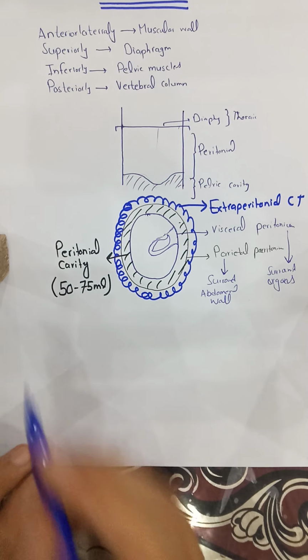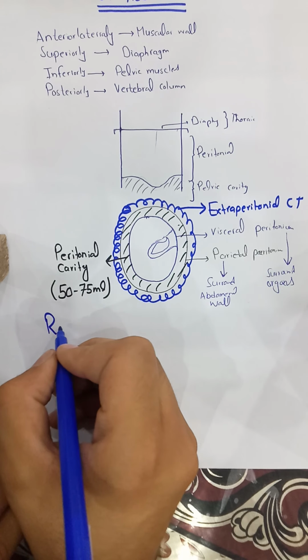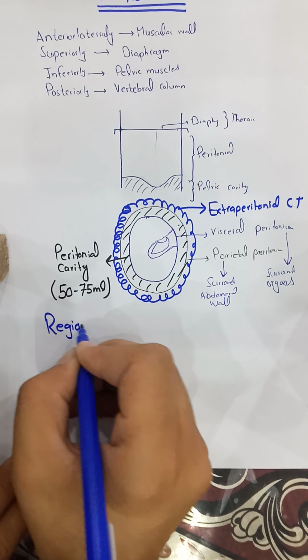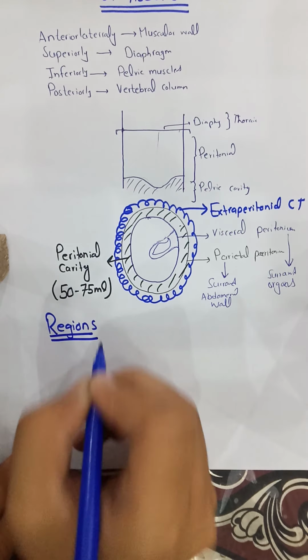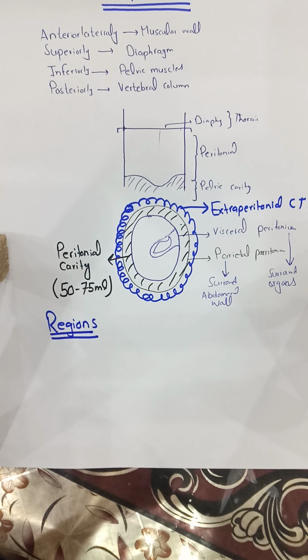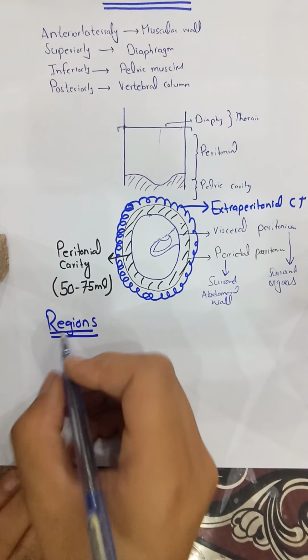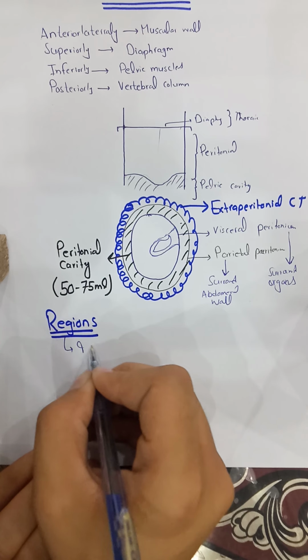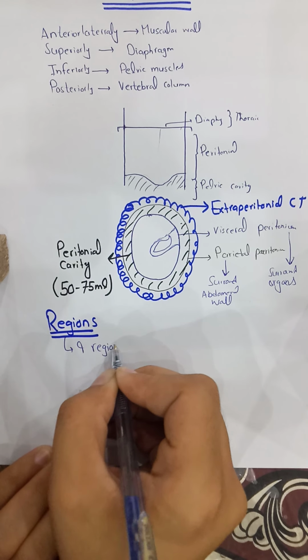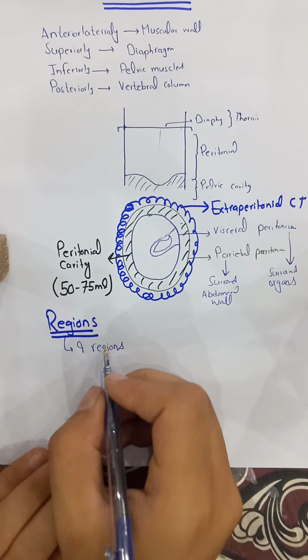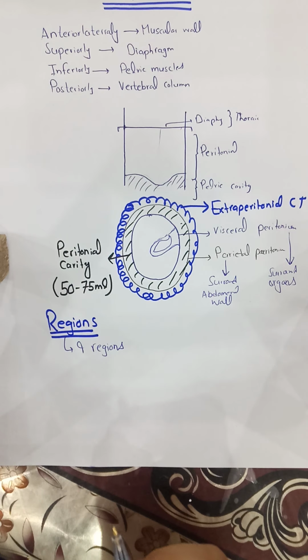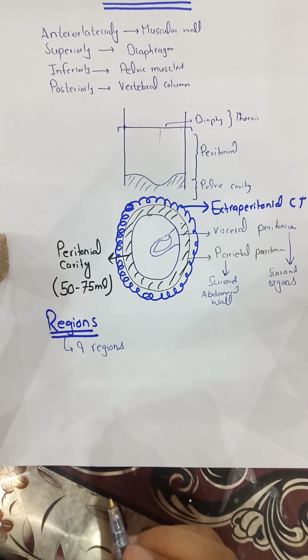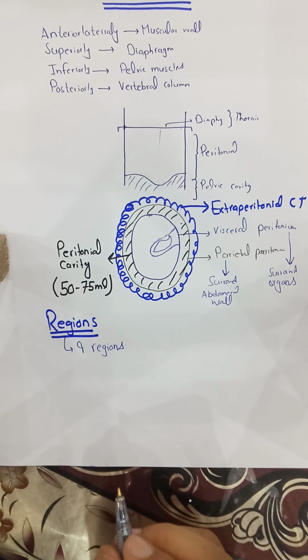First of all, I will write it here, regions. So for descriptive purposes there are about 9 regions of the abdomen. These regions are used to locate an organ or the pain or the pathology.